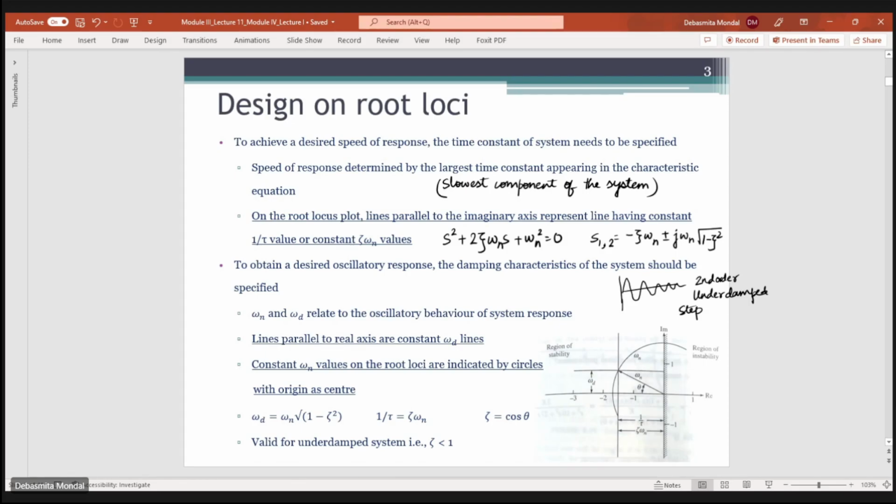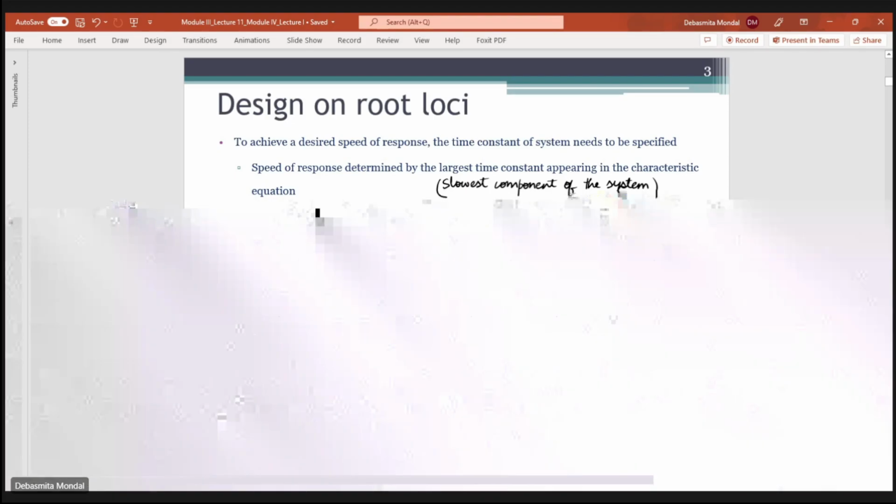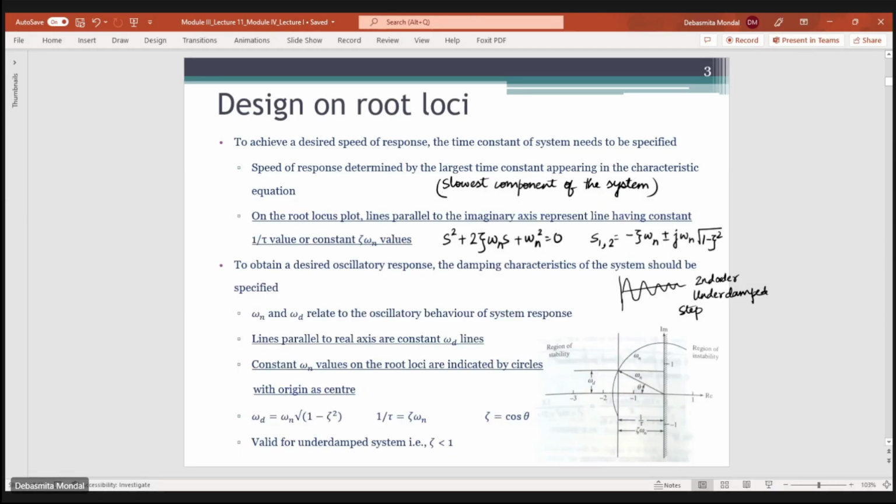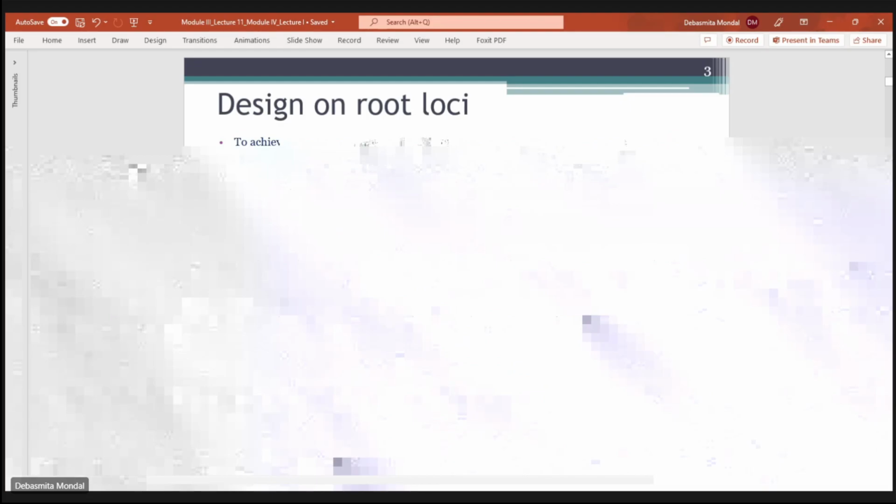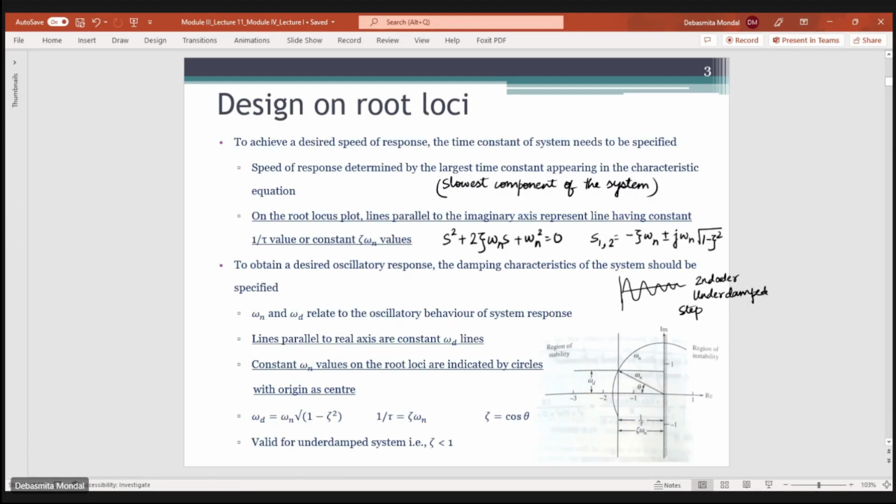However, if the closed loop poles of the overall system lie only on the real axis, then the system is known as an overdamped system.